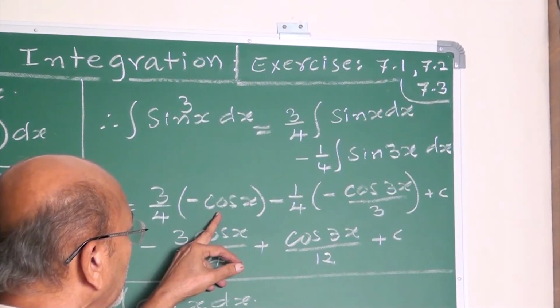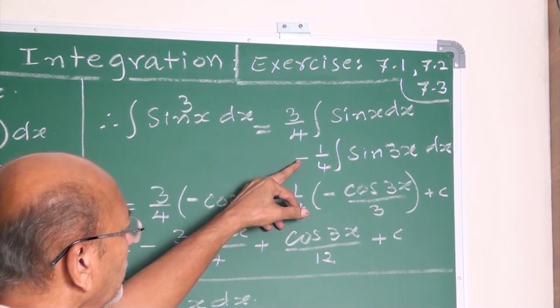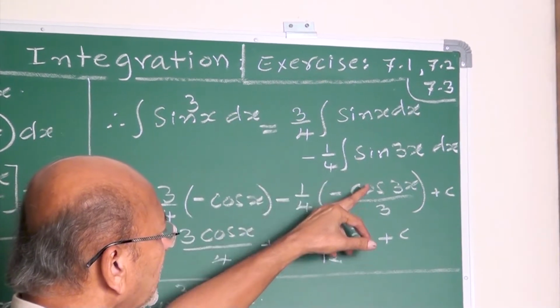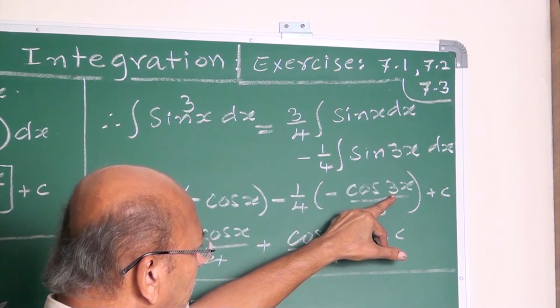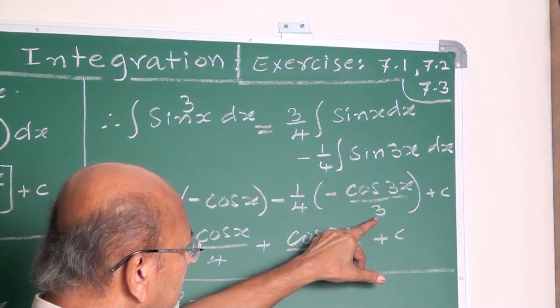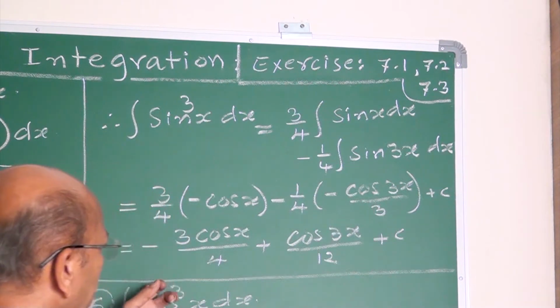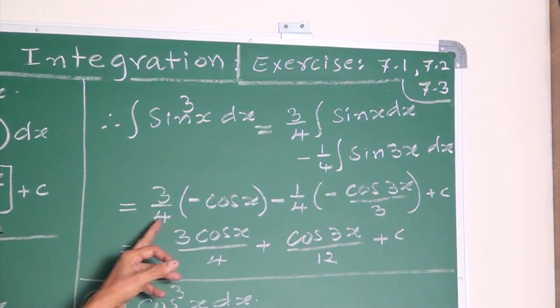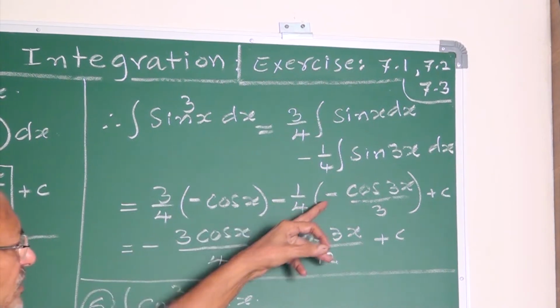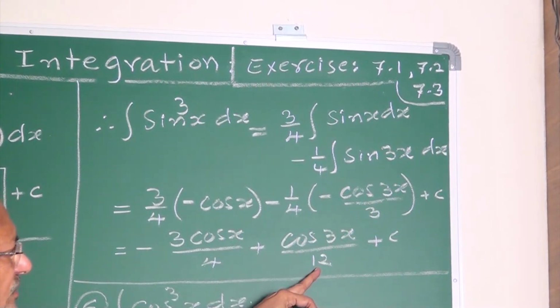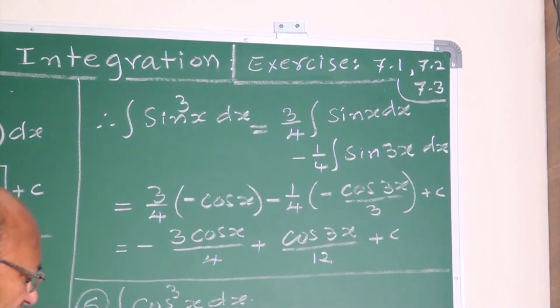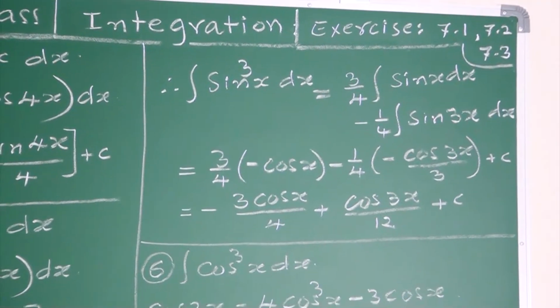Integral of sine is minus cos x, minus 1 by 4 into integral of sine, which is minus cos 3x, if the angle is other than x, divide by the coefficient. Coefficient is 3, divide, plus c. Simplified: minus 3 cos x upon 4, minus with minus is plus cos 3x upon 3 into 4 is 12, plus c. This is about sine cube.